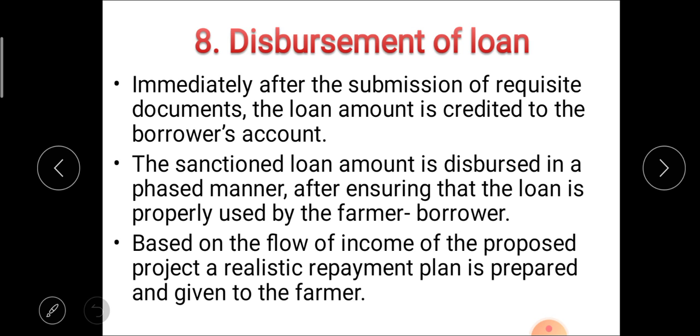Based on the flow of income, the proposed project and a realistic payment plan is prepared and given to the farmer. That means after submission of requisite documents, the loan amount is credited to the farmer borrower according to his requirement. This loan amount is distributed among different stages or phases. Okay, this is the next step, that is disbursement of loan.